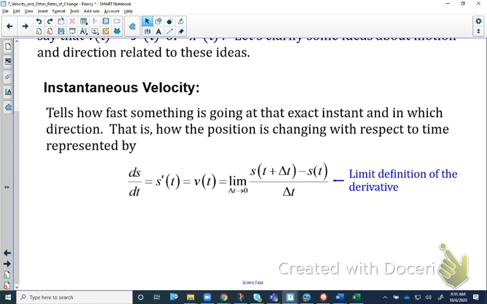Instantaneous velocity tells how fast something is going at an exact instant and in which direction, because velocity can be positive or negative to indicate the direction that your particle is moving. So here the first derivative of the position function is the velocity function. That's why we say s prime of t is equal to v of t, and we could identify that by looking at the limit definition of the derivative, although we are definitely moving past that at this point.